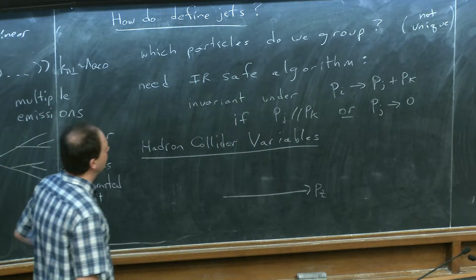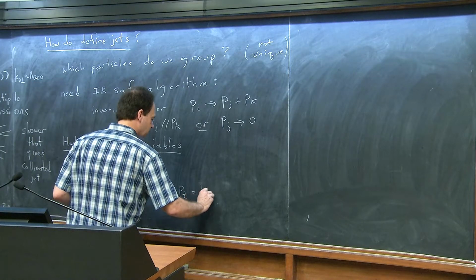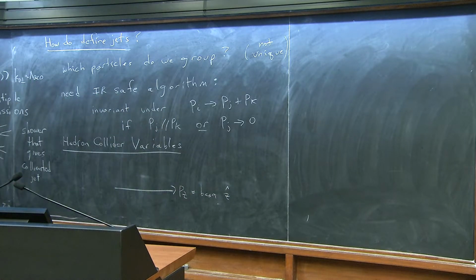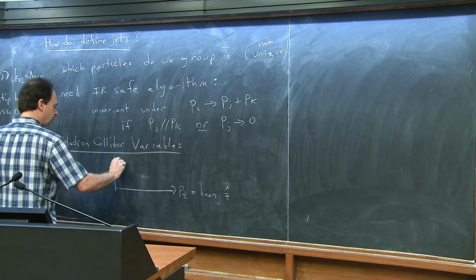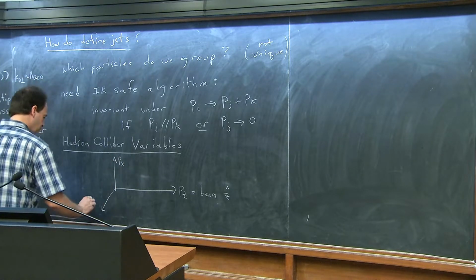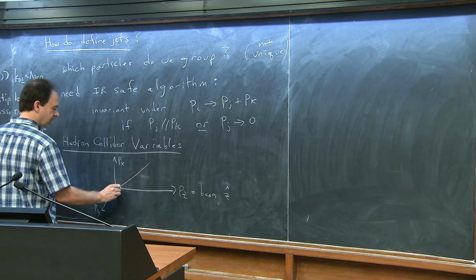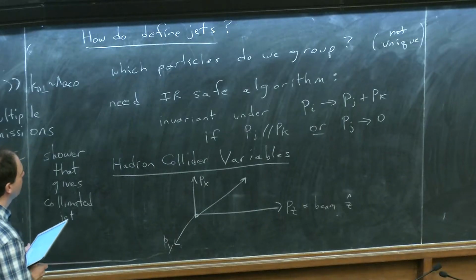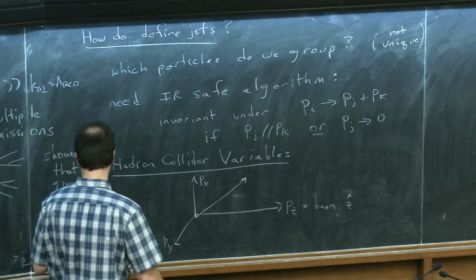So when we're talking about a hadronic collision, there's some axis which is the beam axis, which we take to be the z hat axis. Okay, so the beam is along the z direction. And then perpendicular to that, we have px and py. If we have some 4-vector in this space, or 3-vector in this space, then we can make the following projection. We can project it onto this plane that's transverse to the beam.